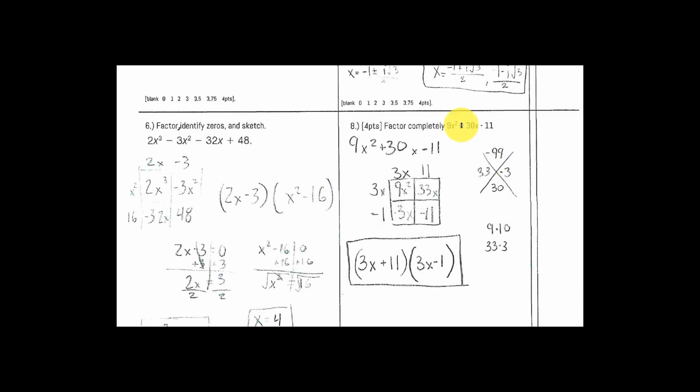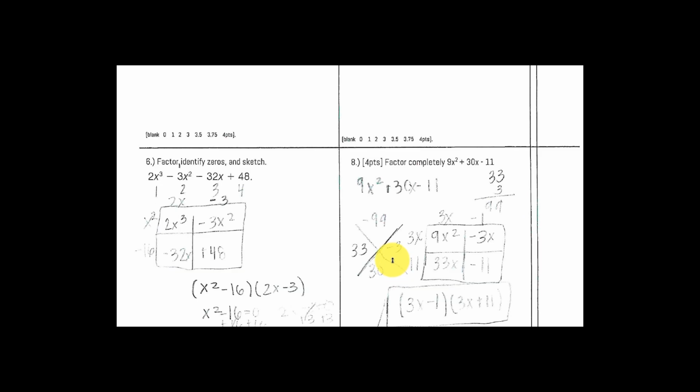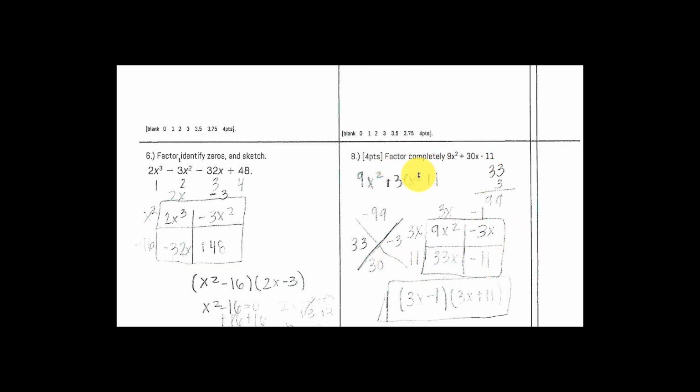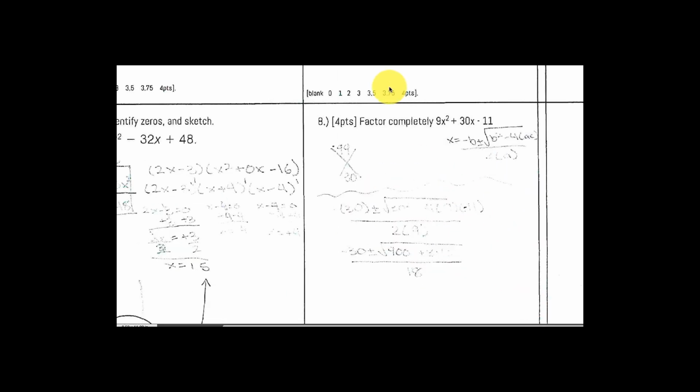All right, this student did it by the X box method and did it correctly. There's the X and there's the box. Another student, X box method, good job. All right, this student didn't read it correctly. They must have said solve. Remember, solve and factor are different things, but they chose to use the quadratic formula to solve. That's not what I was looking for.